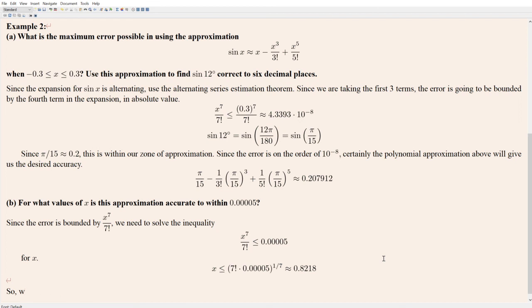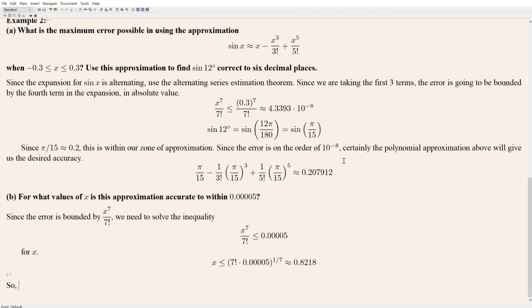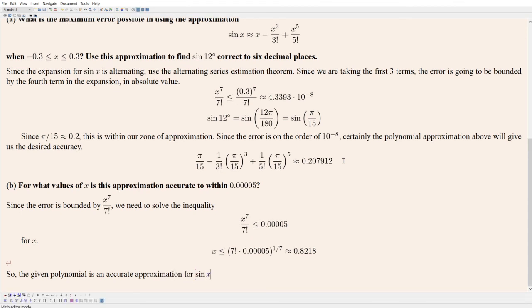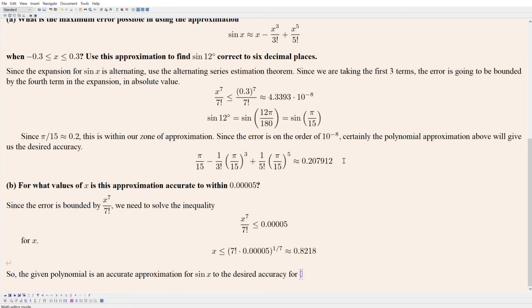So let's not lose track of what we're doing. We're talking about the accuracy of this 5th degree polynomial for sine. So the given polynomial is an accurate approximation for sine x to the desired accuracy for values of x between negative 0.8218 and positive 0.8218.